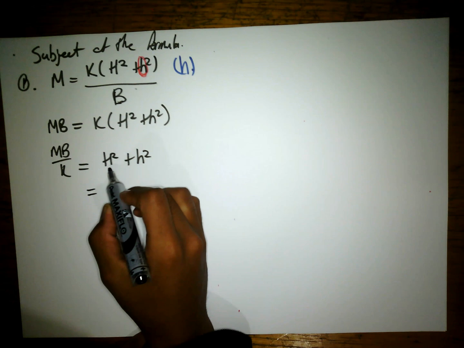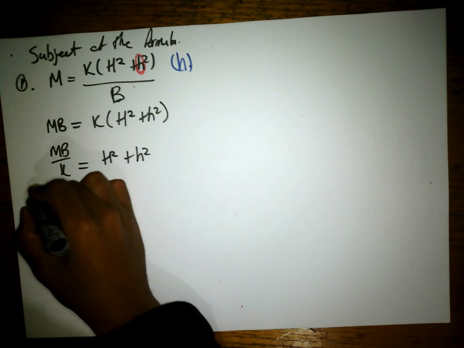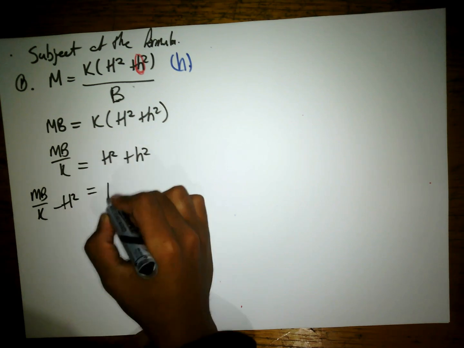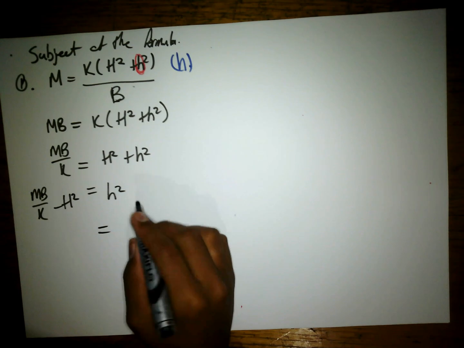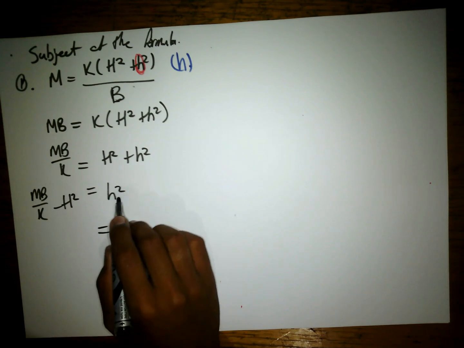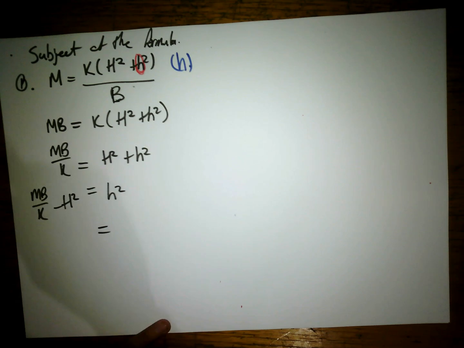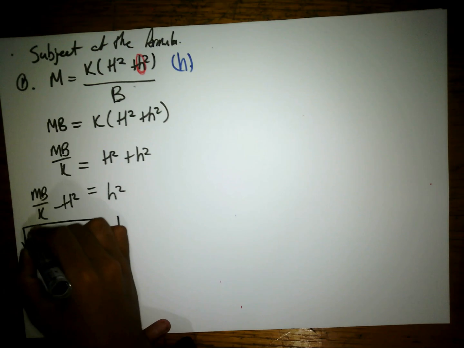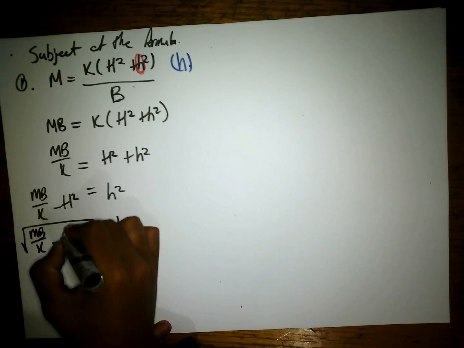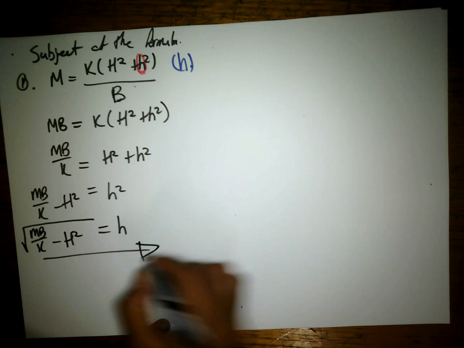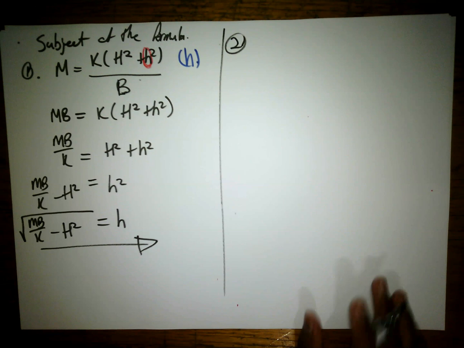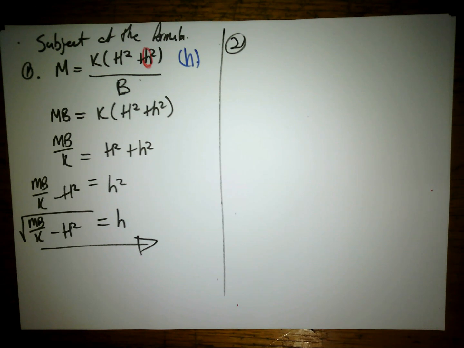I want to get rid of this, so I'm going to bring it this side. So mb over k minus h squared equals h squared. Then this isn't alone yet. It needs to be alone, and to get rid of a square, you square root both sides. So I'm left with the square root of mb over k minus h squared. That's the final answer. Does anyone have any questions on that? This is like 3 marks for me personally, I think.